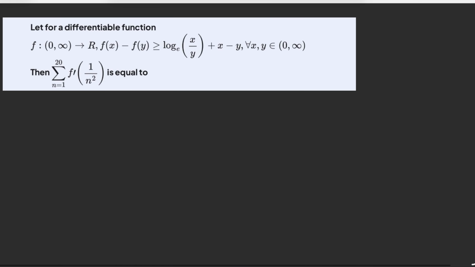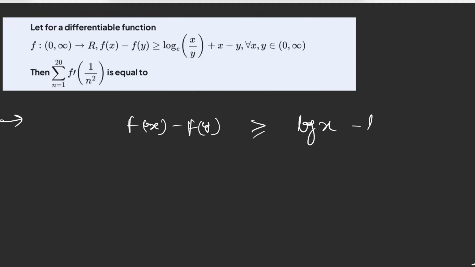Now this is the last question of today's video. Very good question actually. Here in this question it is given f of x minus f of y is greater than or equal to, I can write, log x minus log y plus x minus y.